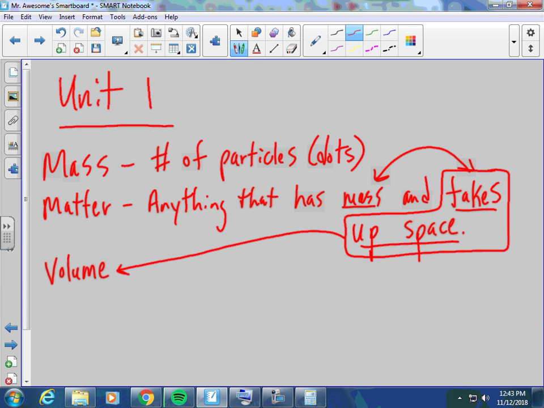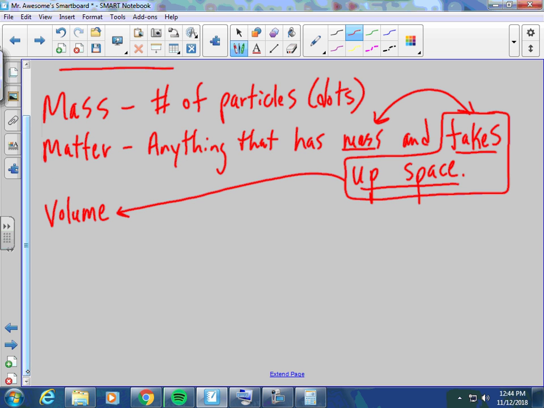It's important that we understand what units are used with each one. What do we use for mass? Grams. Okay? So talking about the actual measurements themselves. Mass, units are grams.